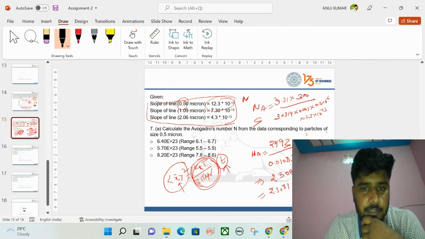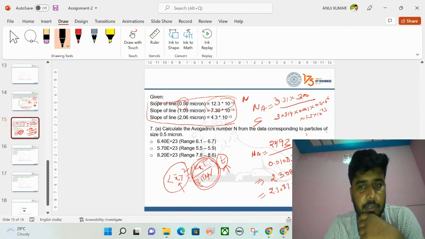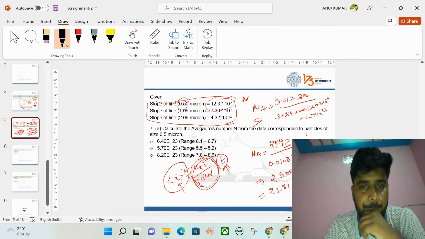That is the Boltzmann constant. You expand kB equal to R divided by Na, and for that you put the value of R, that is 8.31, multiplied by temperature, that is 300, and divide by 3 times 3.14, the viscosity value, and again the radius value, but you have to convert it from micron to meter, 0.5 times 10 raised to minus 6.